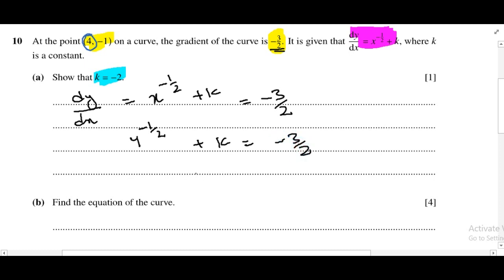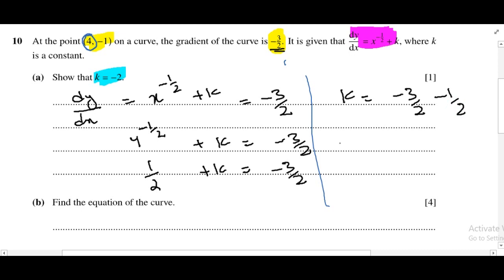Now 4 to the power of negative half is 1/2, so 1/2 plus k equals -3/2. So k equals -3/2 minus 1/2, which is equal to -2. That is shown.